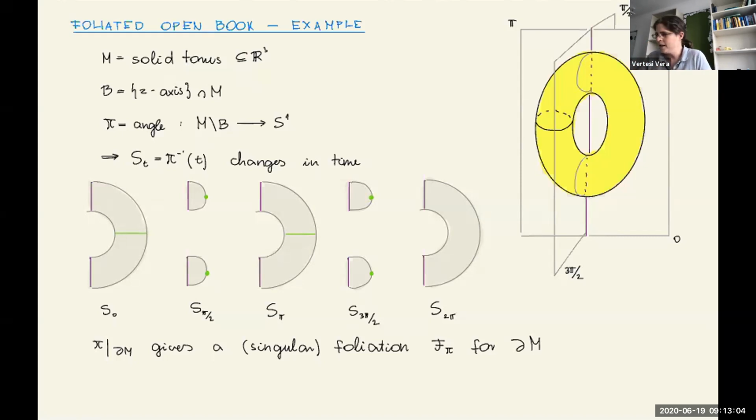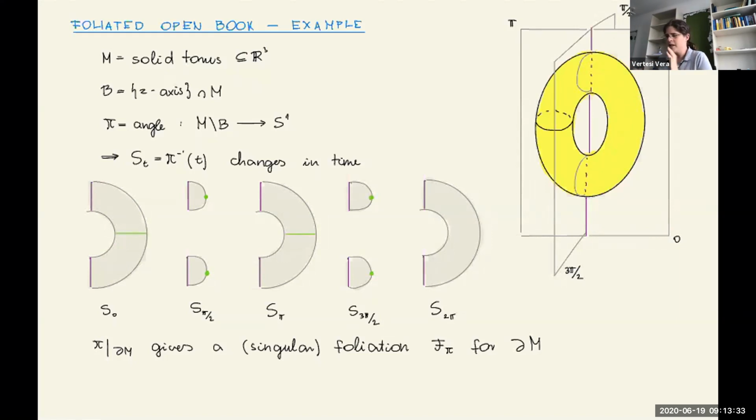And then you look at how the open book intersects the 3-manifold. So when you take angle 0, the open book intersects your solid torus in this rectangle, which is sort of curved up like a telephone.